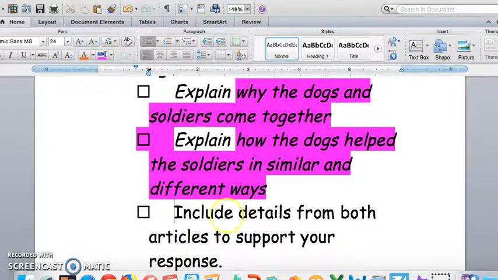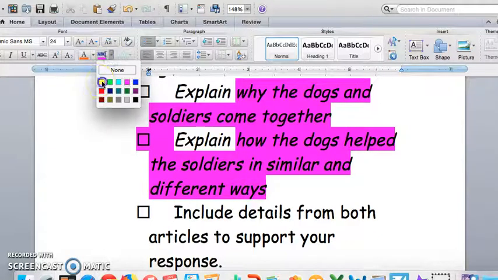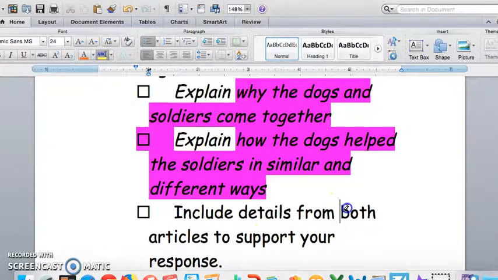And of course, I have to include details from both articles. If I only include details from one article, I can only get as high as a level 1. Okay, so let's write down right here that this is our success criteria.